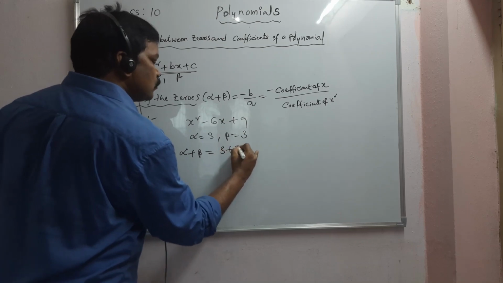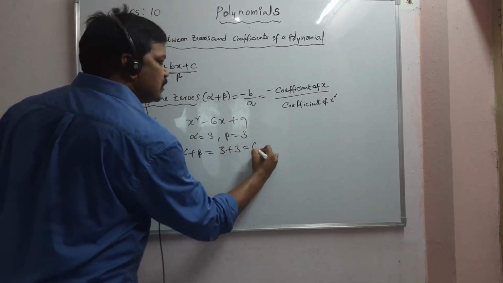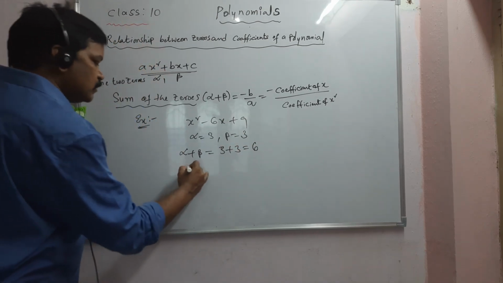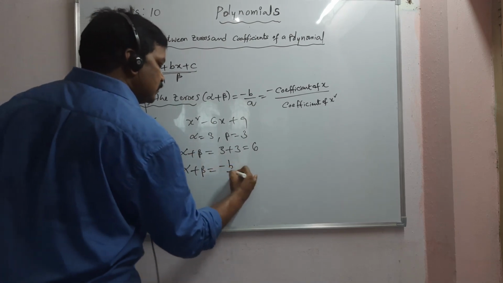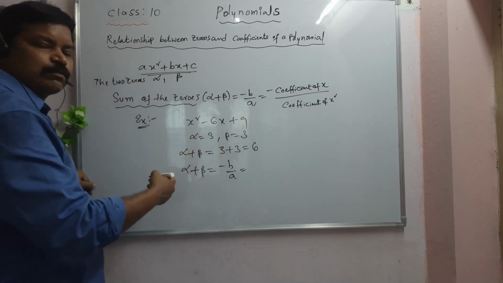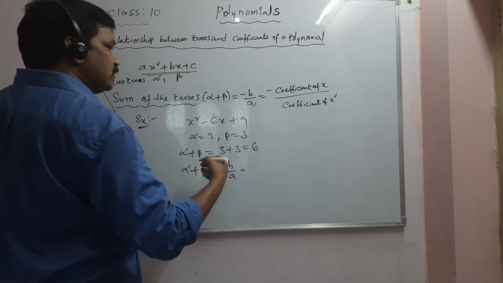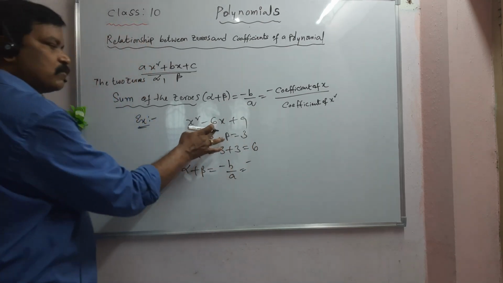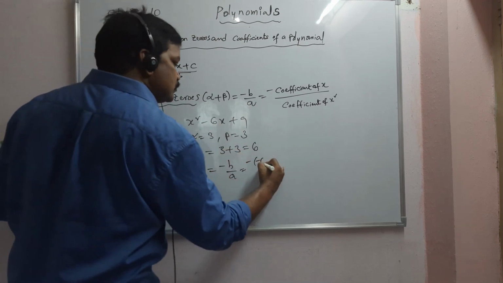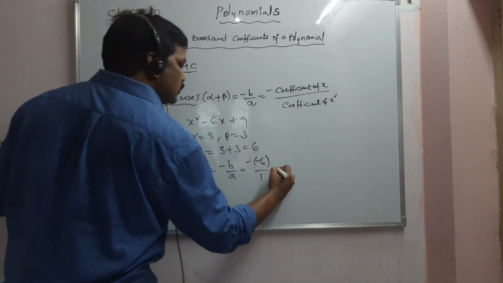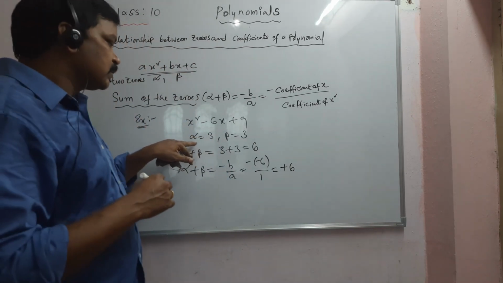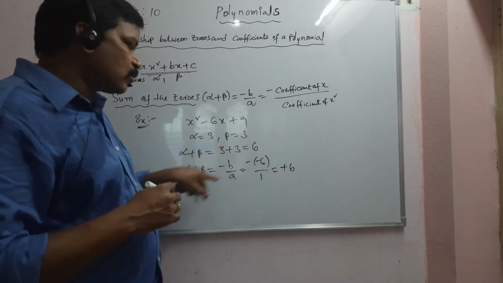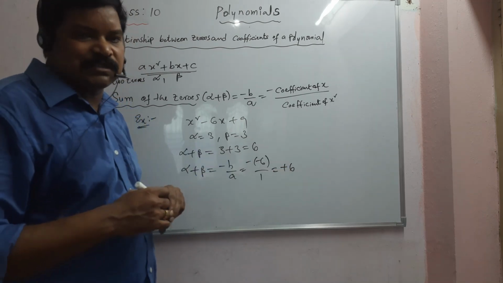Alpha plus beta is equal to 3 plus 3, that is equal to 6. According to the coefficients, minus of coefficient of x by coefficient of x square. What is the coefficient of x here? Minus 6. Coefficient of x square is 1, so that is plus 6. See, the sum of the zeros is 6, and according to the coefficients it is also 6.